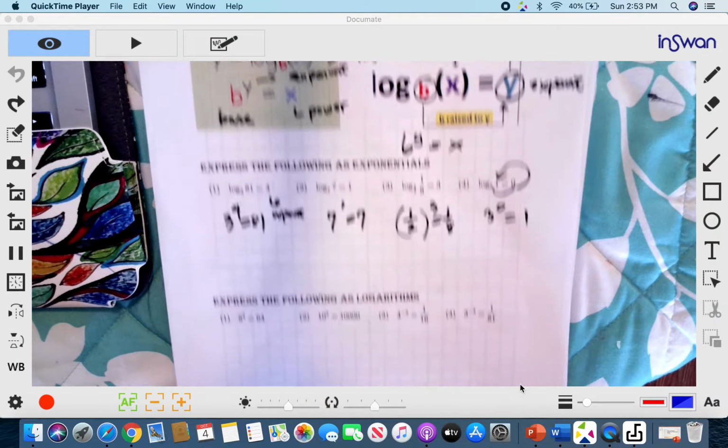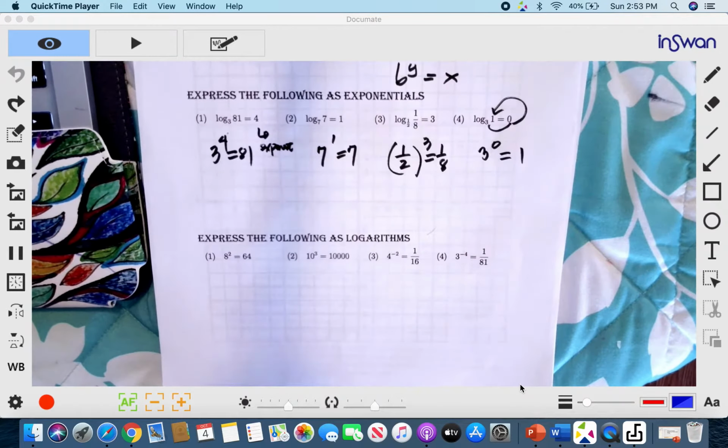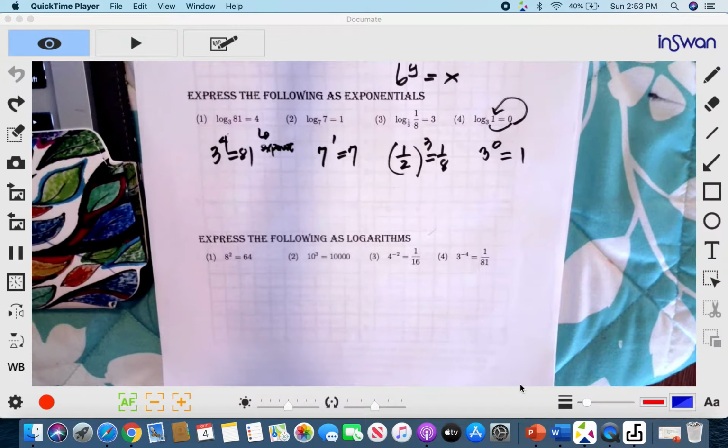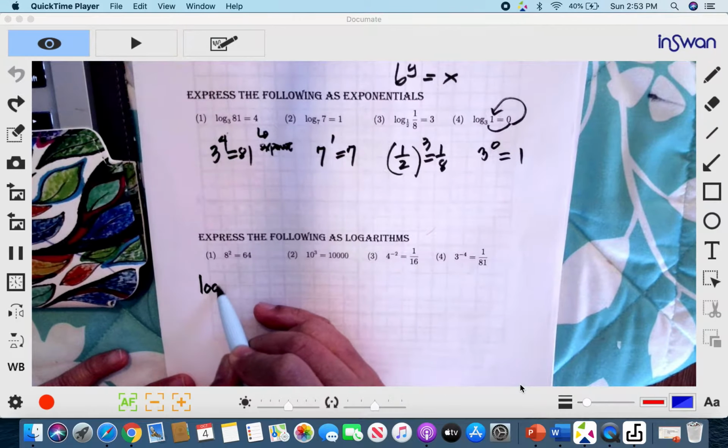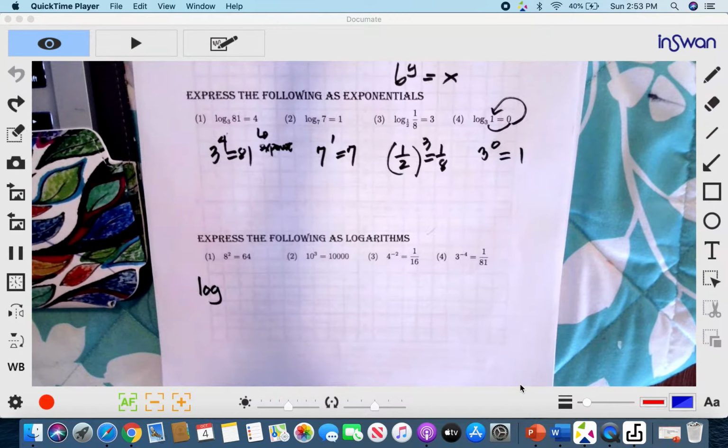Now, let's do the converse, or the opposite of what we are doing. How do we express it as logarithm? These are common mistakes of students. The reason you're converting it into logarithm is because you want to put logarithm in the equation. So the first step is to write the logarithm. From the equation, you need to know what your base is.